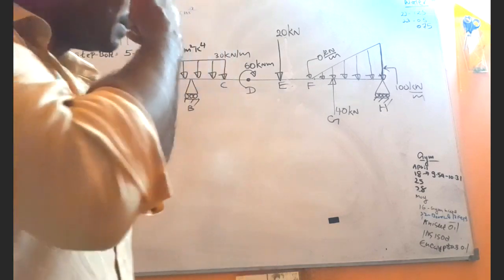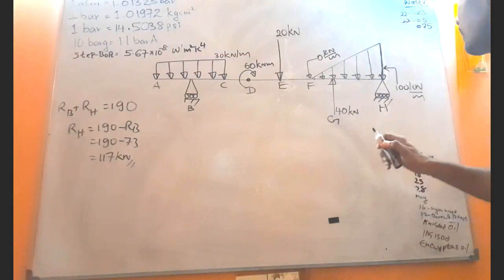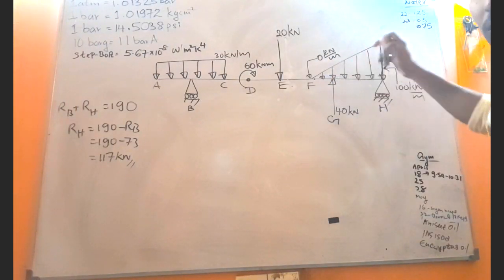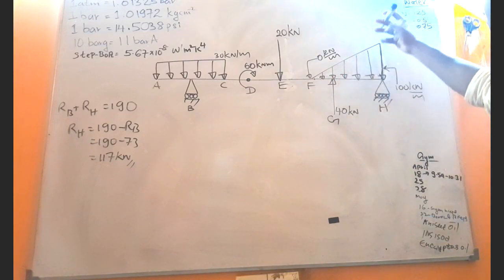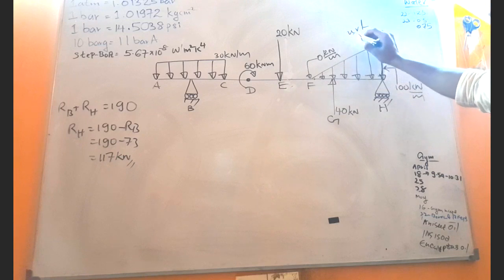Okay. And here be very careful. I have already told you about this triangular load, which we call UVL, uniformly varying load.